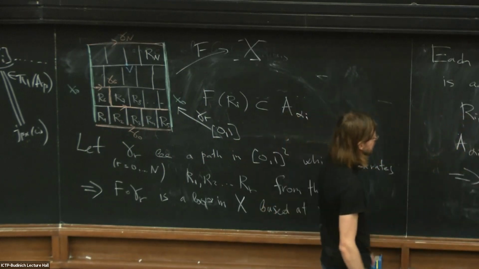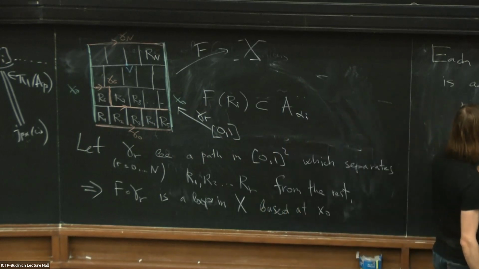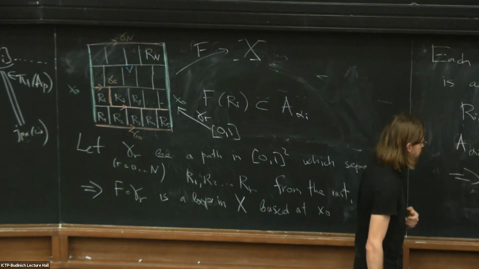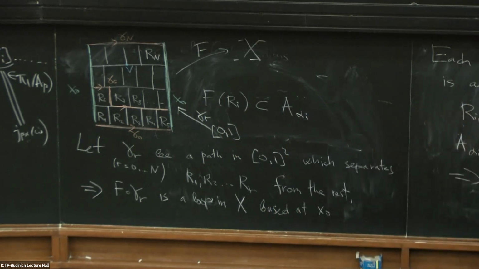Because this point belongs to all three rectangles here, and therefore F of it belongs to all three A alphas.